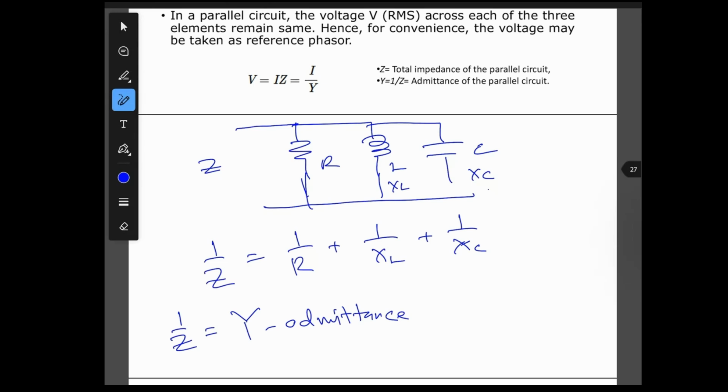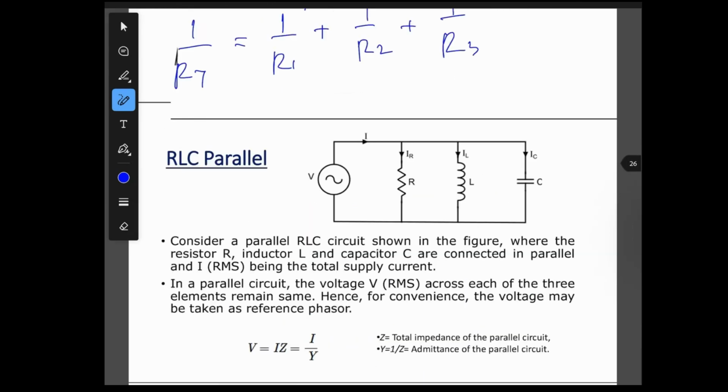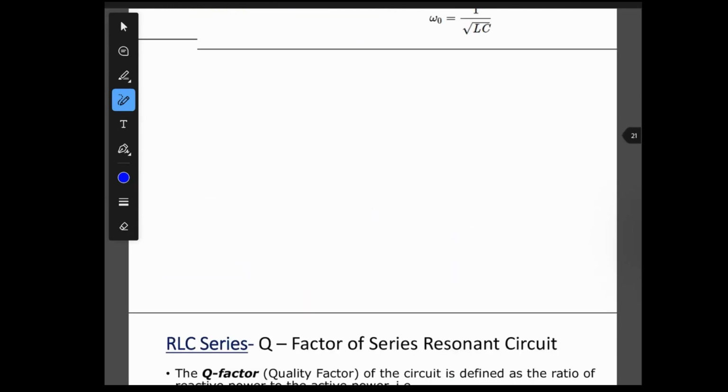Y is admittance. The unit for impedance is ohms.